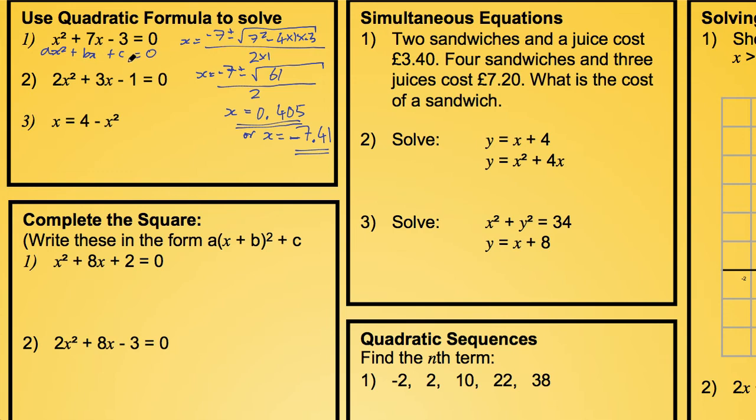This one, similar, but I've now got a number in front of the a, so x equals minus b plus or minus the square root of b squared minus 4ac all over 2a, and that gives me x equals, look, 3 squared plus 8, it's root 17.